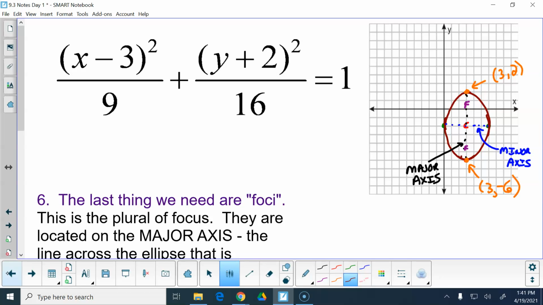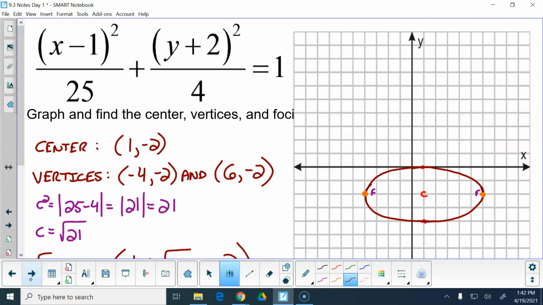So the major axis was vertical. So I had to add it to and subtract it from the y part. On this particular one, the number underneath the x is bigger, so it's stretched out horizontally. So my foci are going horizontal. Okay? Any other questions? Oh, no, I think I got it. Okay?